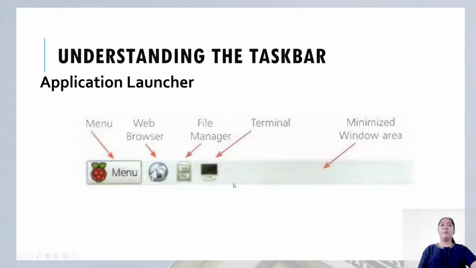The menu pops open a comprehensive application menu. The web browser launches the Epiphany web browser. File Manager launches a graphical file management application in your home directory. And the terminal launches a console-like command window.